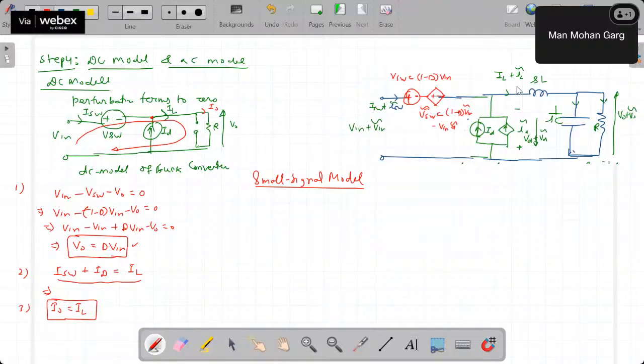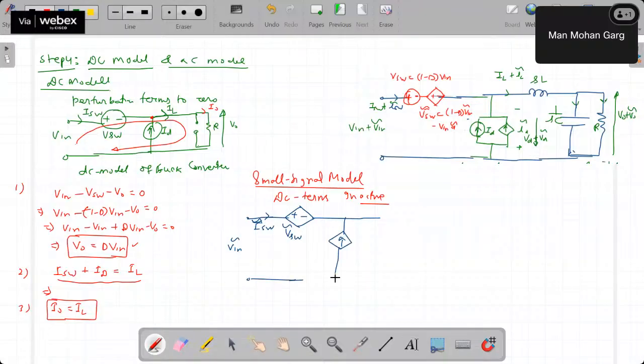After that, the DC source will go away, and a dependent source is there, having V_SW tilde. After that, we come here, and the current is I_SW tilde. After that, in this portion we keep only the perturbation term, so this is the perturbation current source. The direction will remain the same as the actual diode, and this is I_D.